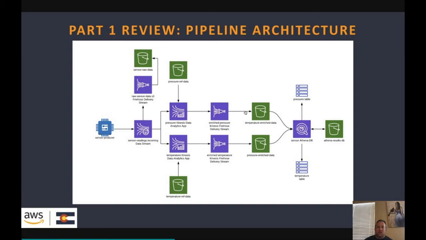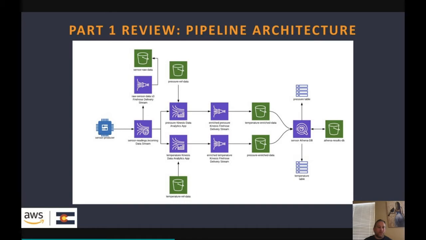And then we send that out to a Firehose Delivery Stream, which is a very easy, no-code way to send data out to other data sources off of a stream or a Stream Analytics application. And then from there, we put that into S3 data buckets, apply Athena to that so we can query it. So within that, we create a pressure table and a temperature table.